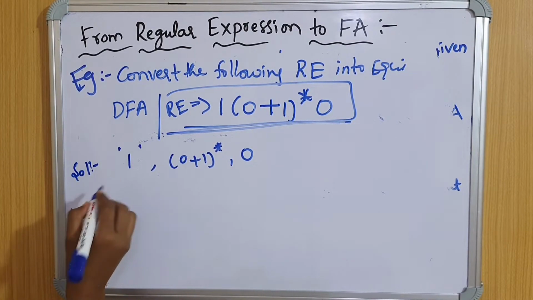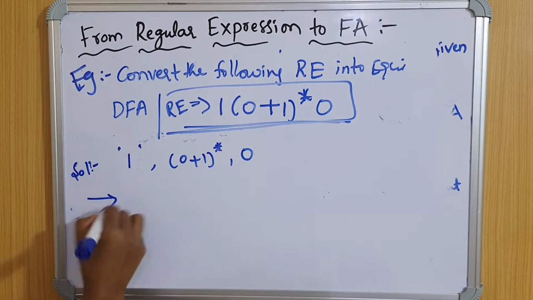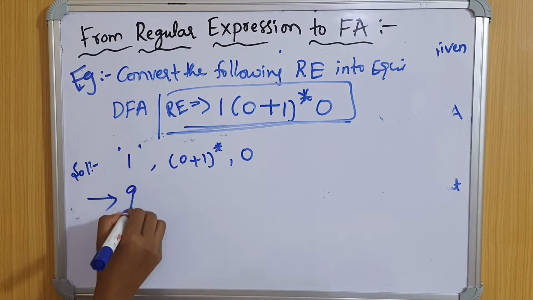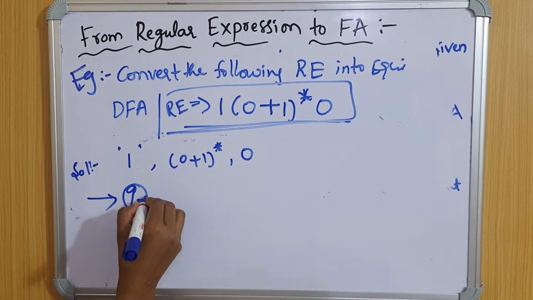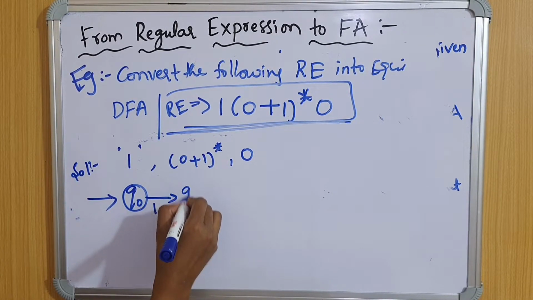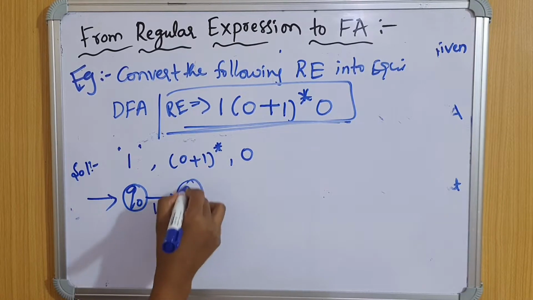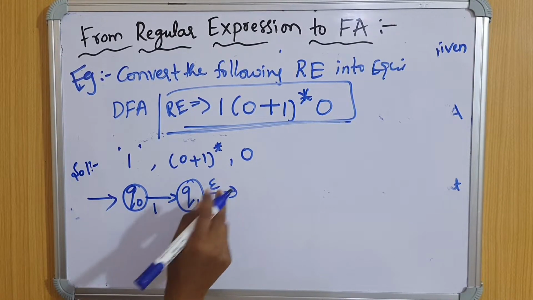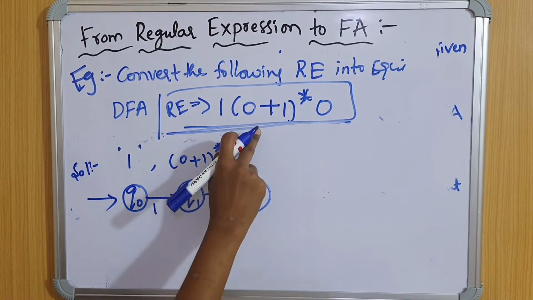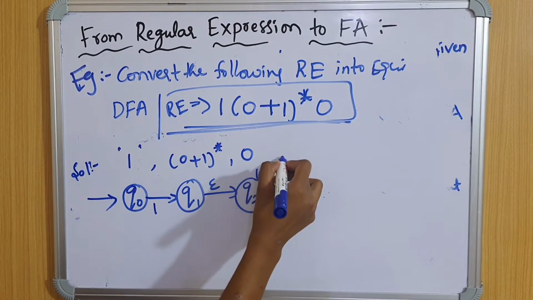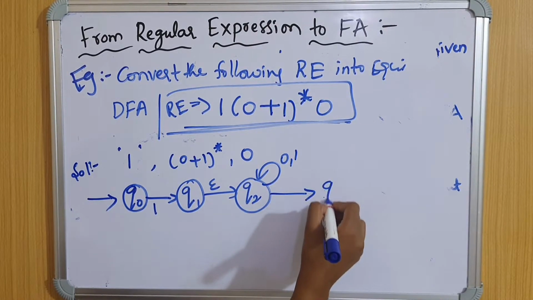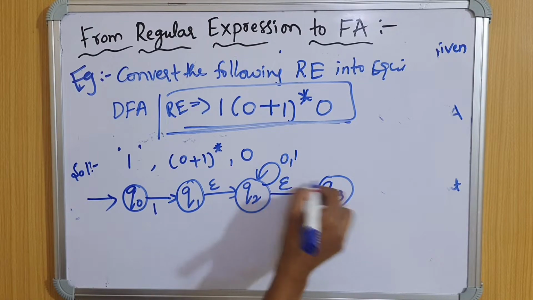Now, what is the first step? We have to construct the transition diagram by allowing the epsilon moves. The initial state is Q0. It will move to Q1 on 0. Then with an epsilon move to Q2, and 0 plus 1 I can write as 0,1. Next is Q3 with epsilon.